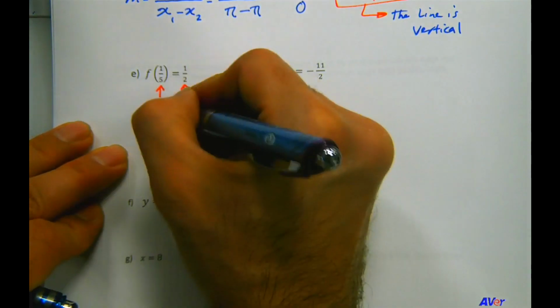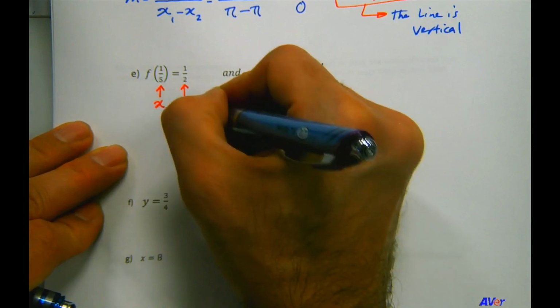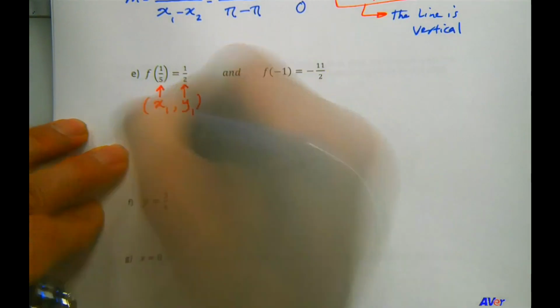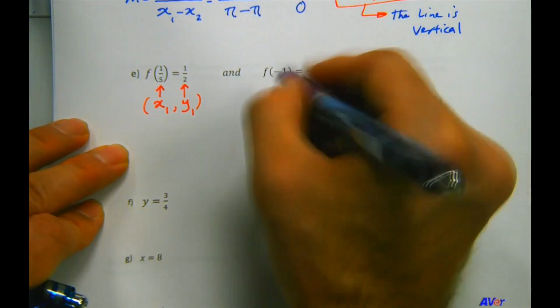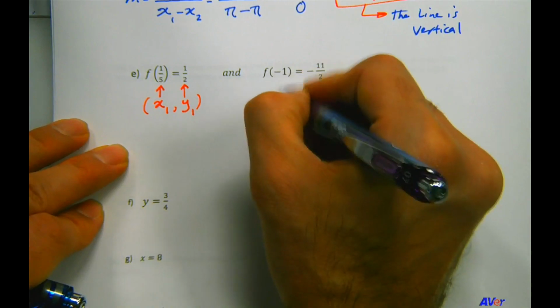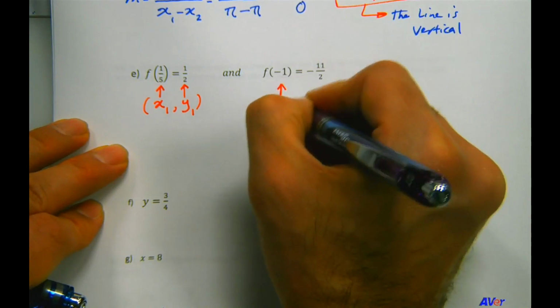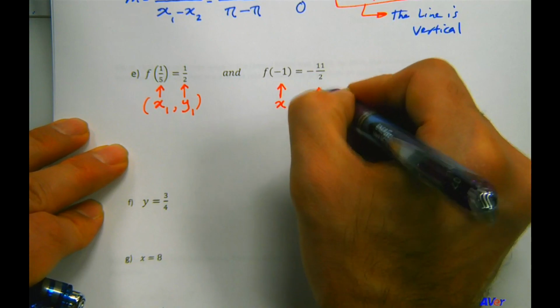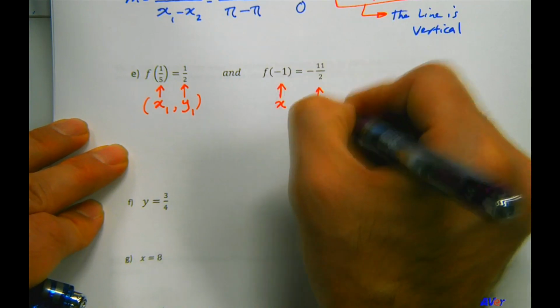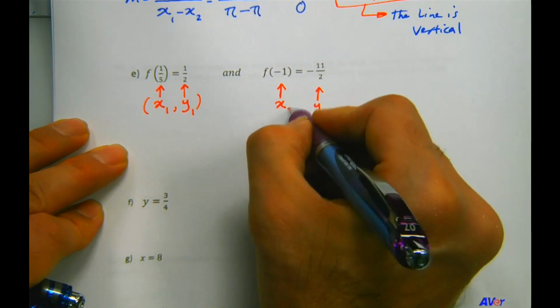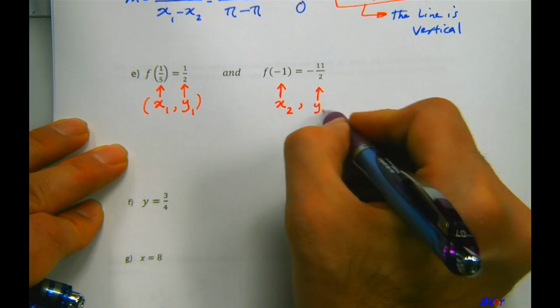Let's call this x1, comma, y1, right? Same way here. So that is an x value, and that is the y value for that function. But let's label these as x2, comma, y2.